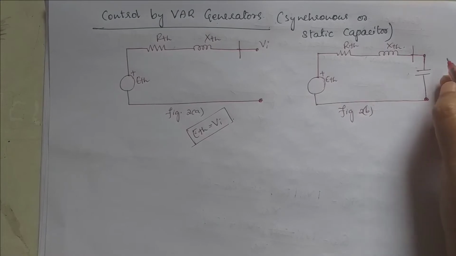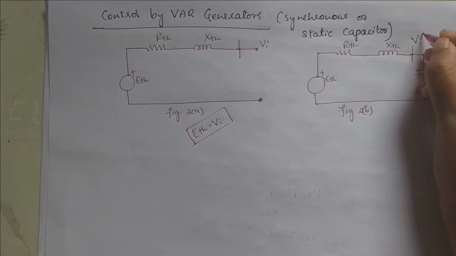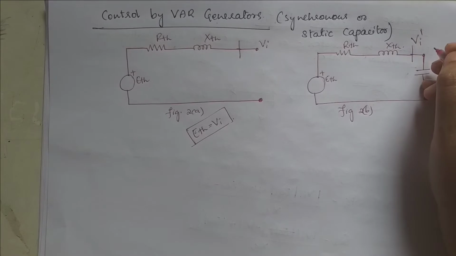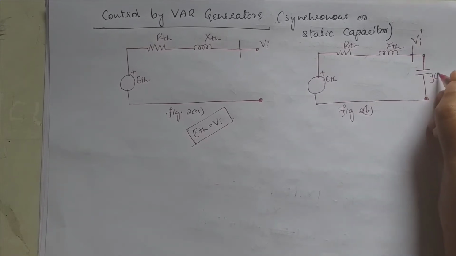Then the voltage at the ith bus would be VI dash, and this is jQC.